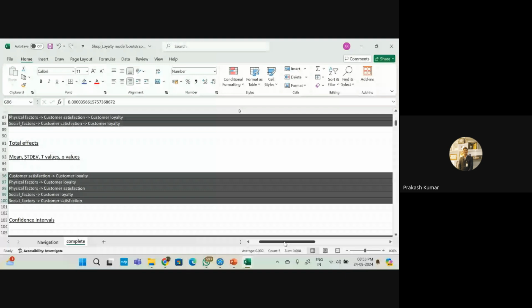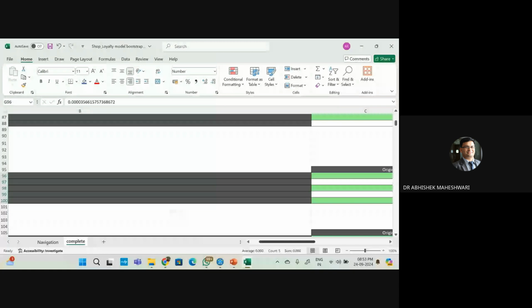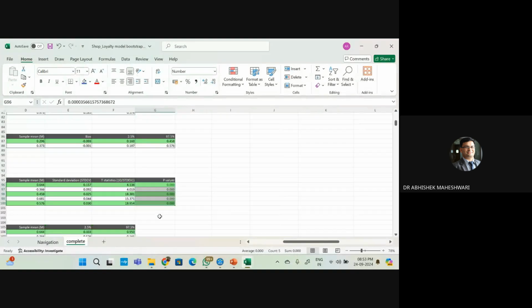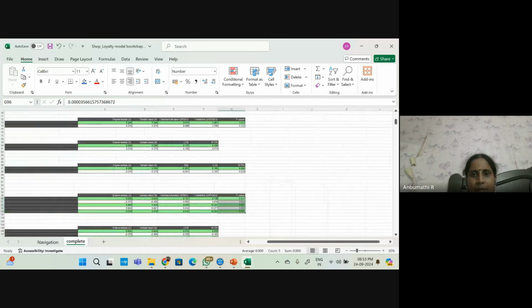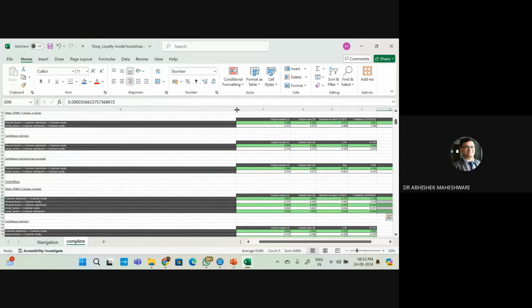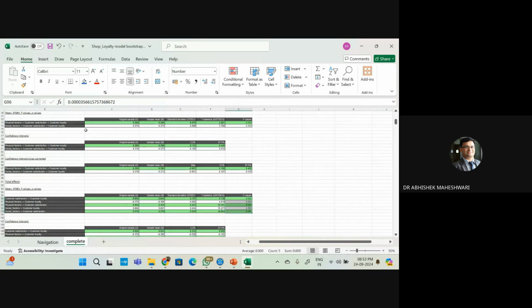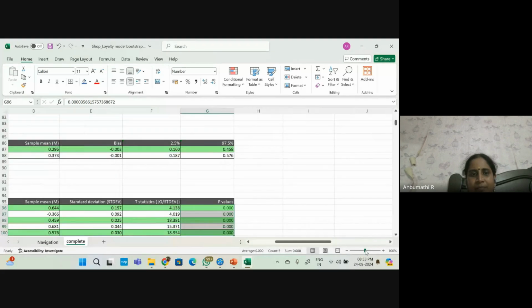Ma'am, you can decrease the size of column B. It is better. One minute. I'm doing that. It's quite challenging when it is bigger.